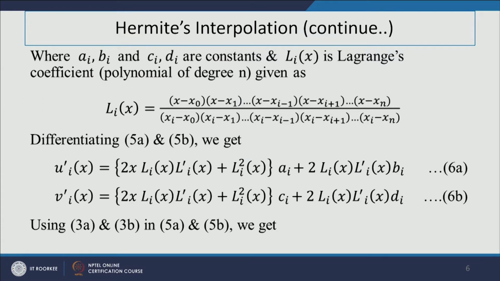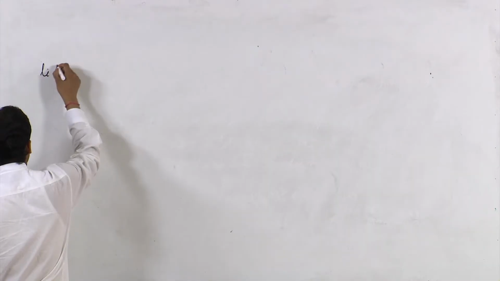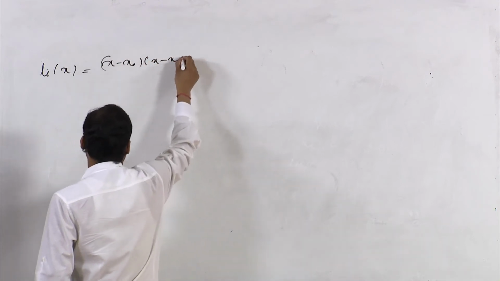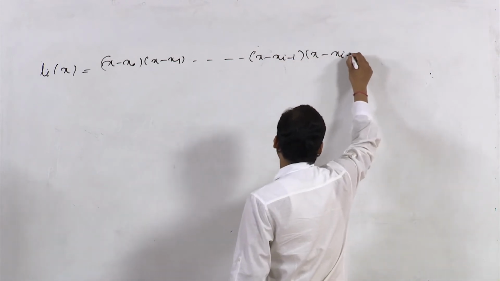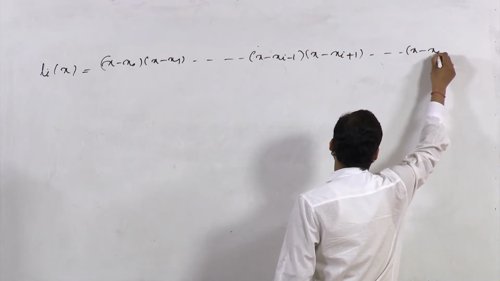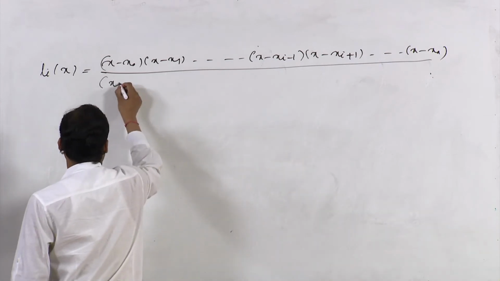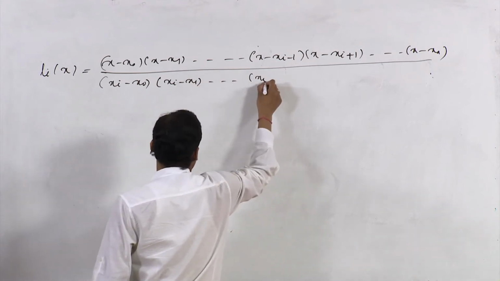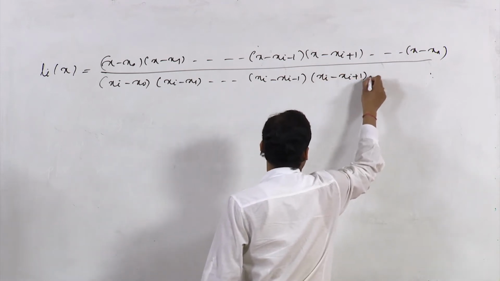So, if we write this, the Lagrangian interpolating polynomial coefficient L_i(x) can be written in the form (x minus x_0)(x minus x_1) up to (x minus x_{i-1})(x minus x_{i+1}) up to (x minus x_n) divided by (x_i minus x_0)(x_i minus x_1) up to (x_i minus x_{i-1})(x_i minus x_{i+1}) up to (x_i minus x_n) here.